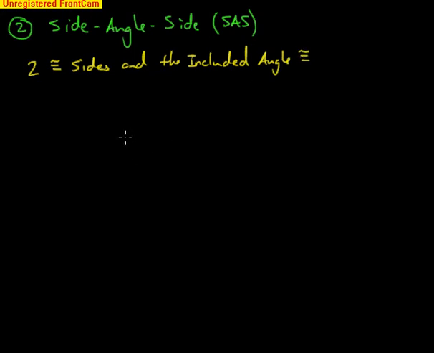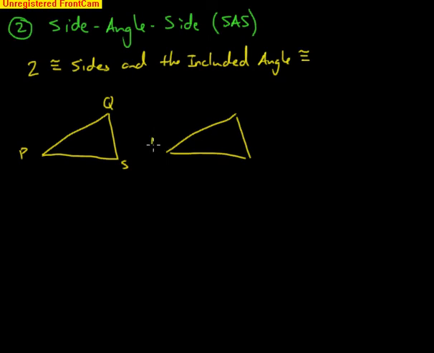We'll draw a picture and show what this means. Those are the 3 parts you need to be congruent. Draw 2 triangles like this. Let's call this one PQS and this one WXY.